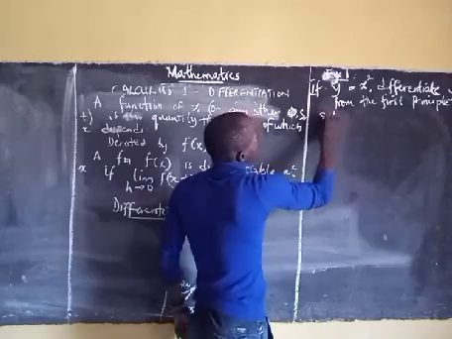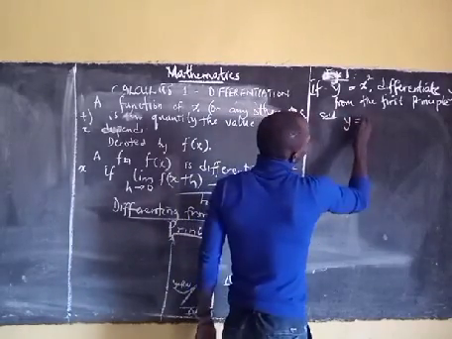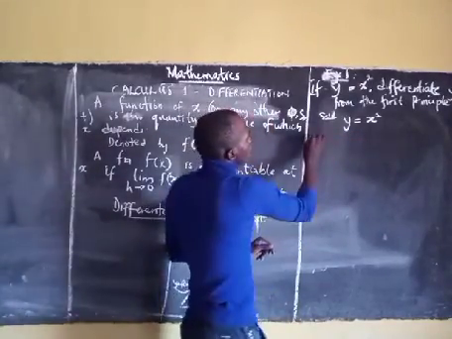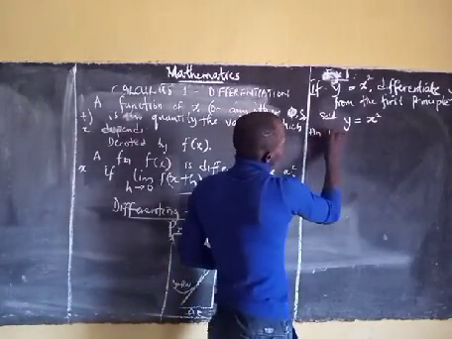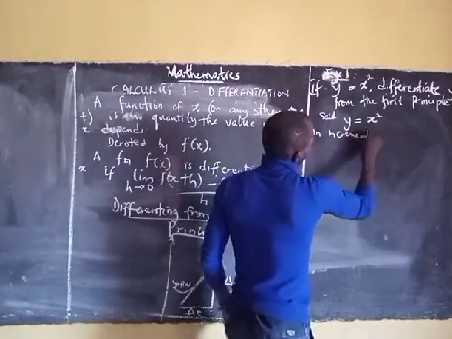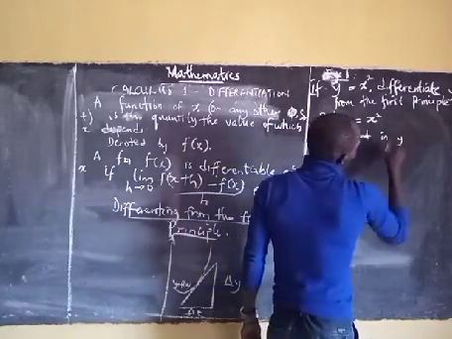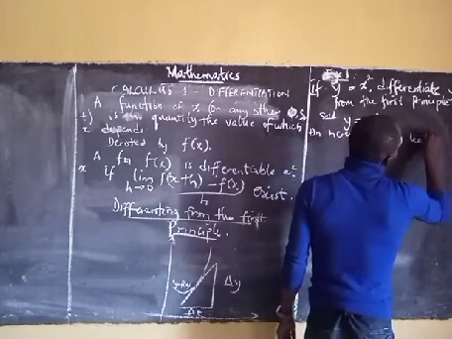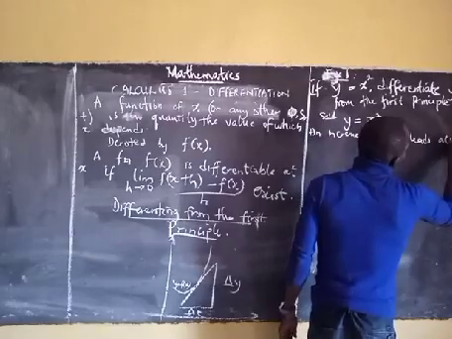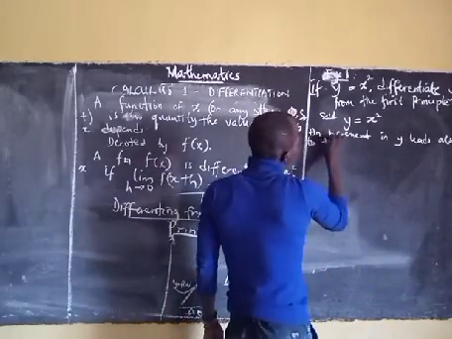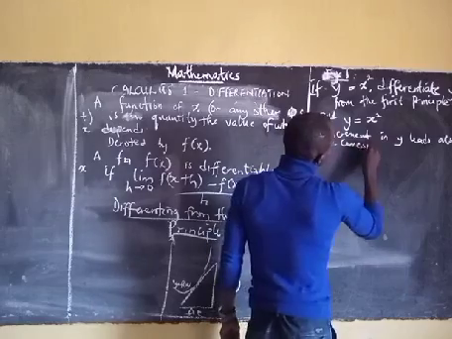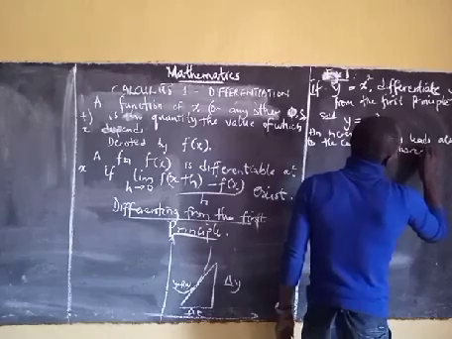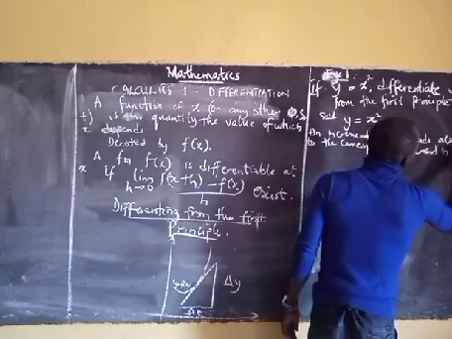Solution. See, y equals x squared. Here we say that an increment in x leads also to a corresponding increment in y.